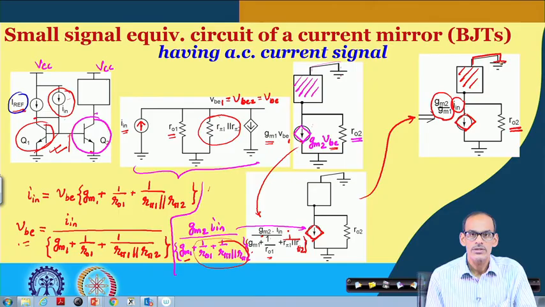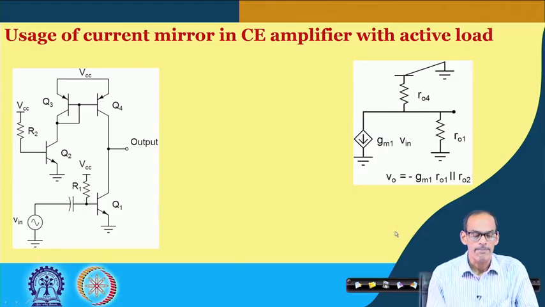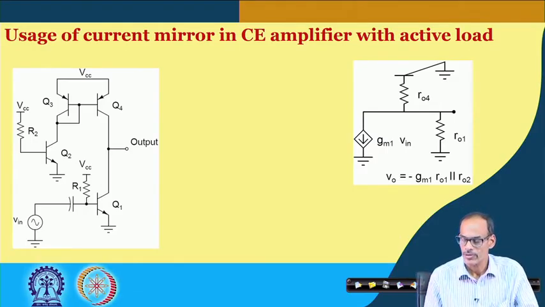Now, let us see the application or usage of the current mirror in different circuits. To start with, let me consider a common emitter or common source amplifier. To start with, I have a common emitter amplifier with active load.